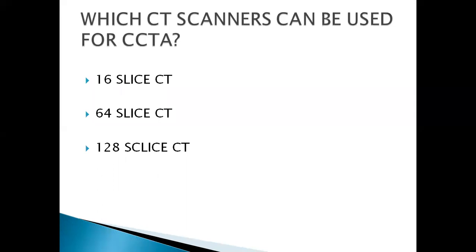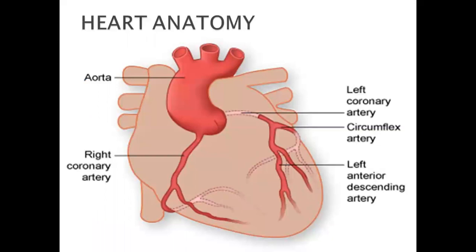However, as you go higher, you get more functions, better diagnostic quality, and better scanning speeds. As you know, we're trying to reduce motion artifacts. So the higher you go, the better the diagnostic image.